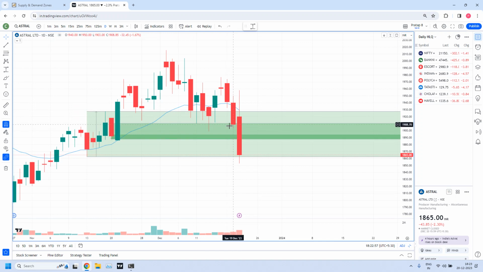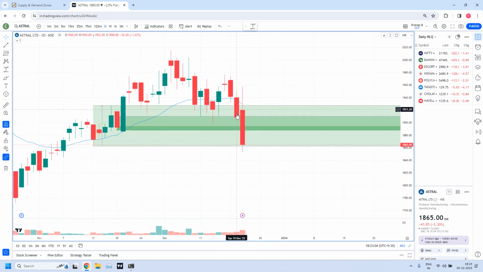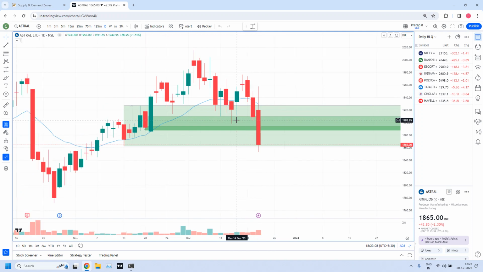The prices closed inside the zone, and prices closed inside the zone are dangerous. I clearly told you the algorithm I developed shows stocks near demand and supply zones. The algorithm is developed based on volatility.